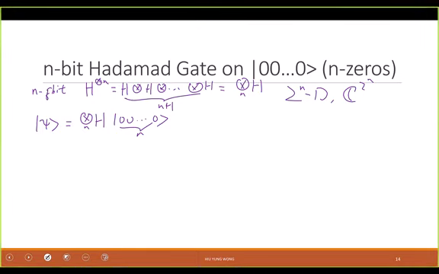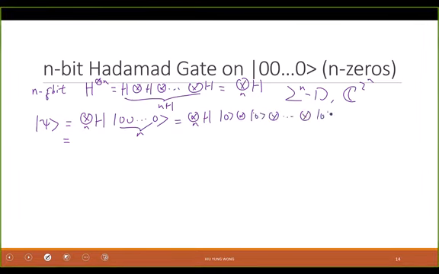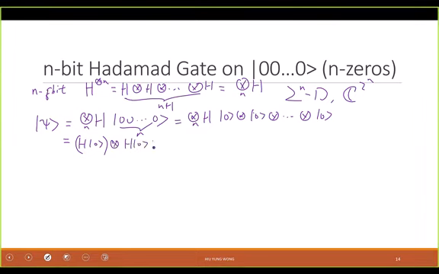So what is this? Again, we know very well this is nothing but, let me write it out clearly, the so-called H^n applied to 0^n is the tensor product of H applied to each 0. That's why each operator must only apply to its corresponding space: the first qubit, the second, the third, all the way to the nth.